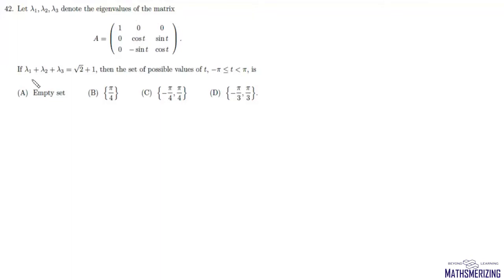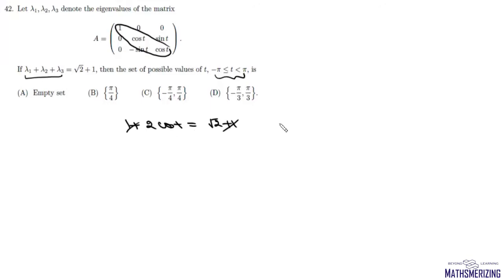Now the next question is, if lambda 1, lambda 2 and lambda 3 denote the eigenvalues of this matrix, and if lambda 1 plus lambda 2 plus lambda 3 equals root 2 plus 1, then the set of possible values of t when t lies between minus pi and pi is. Now we know that sum of eigenvalues is nothing but the trace of this matrix A. Now trace of this matrix A will be 1 plus 2 cos t and it'll be equal to root 2 plus 1.